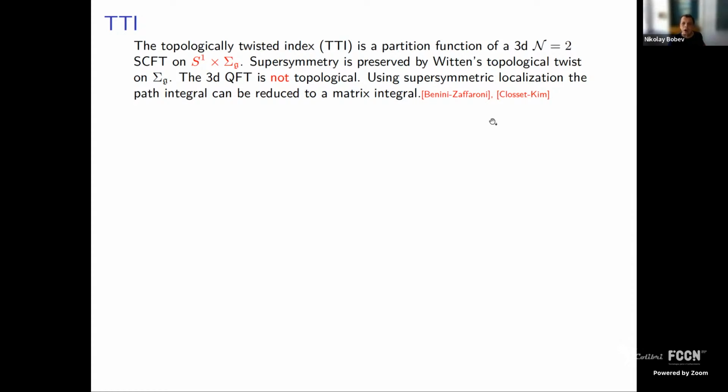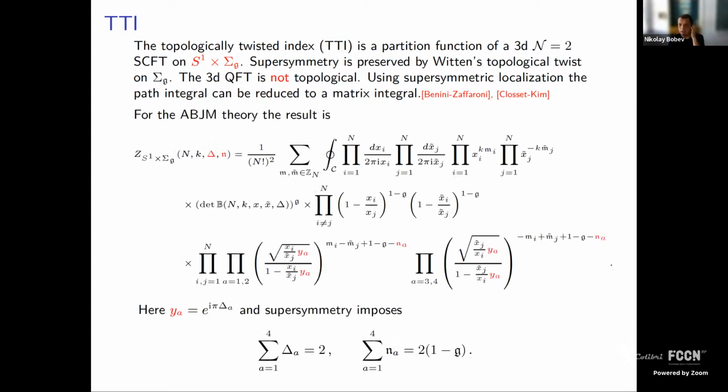These people, in a series of papers, have shown how to write down this path integral as a matrix integral using SUSY localization. The formula looks a little bit scary, but the details are not important.